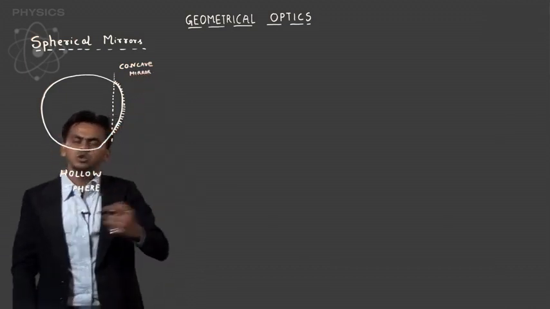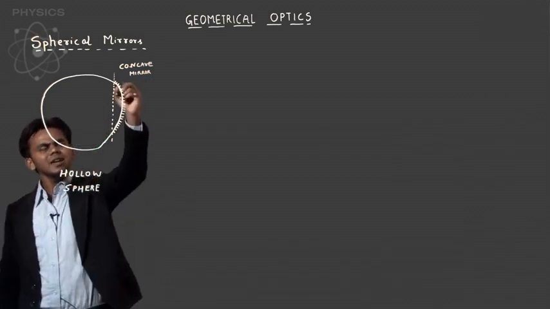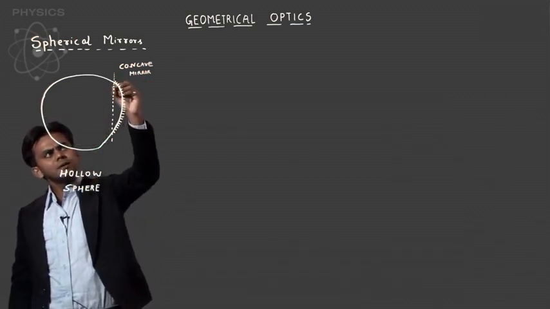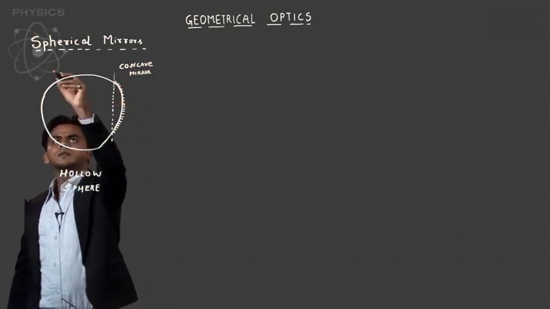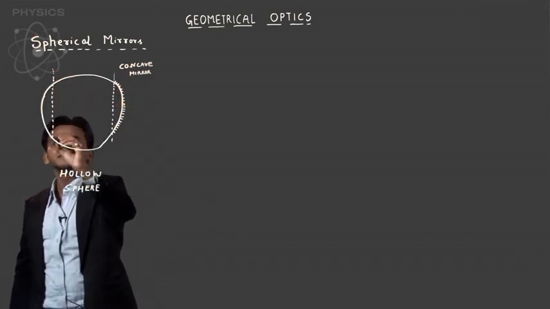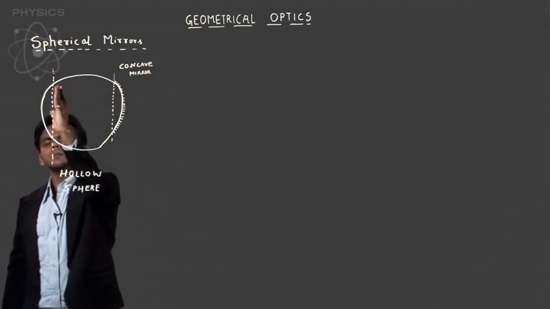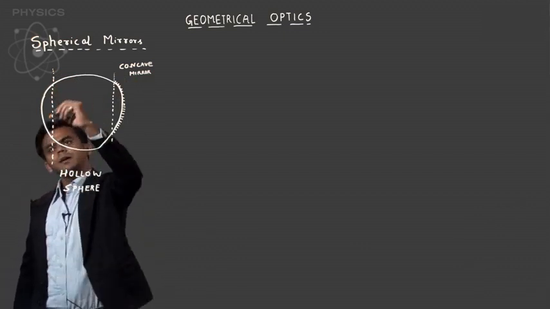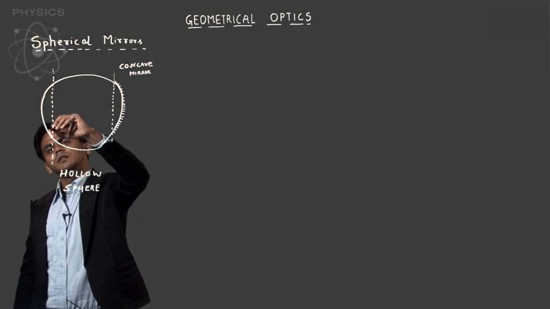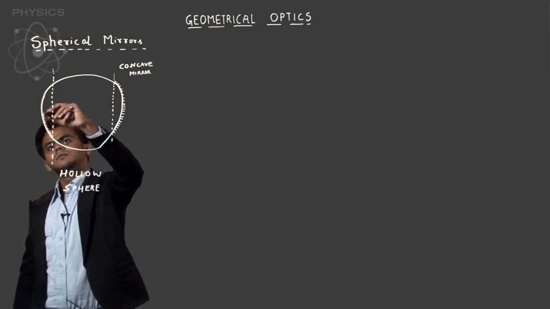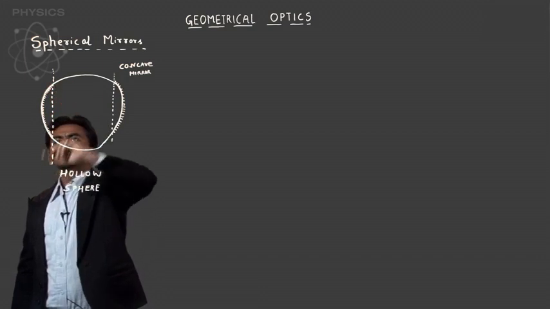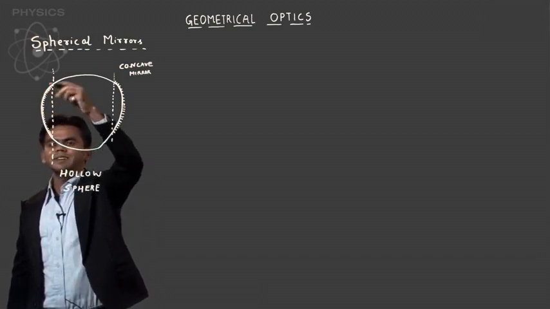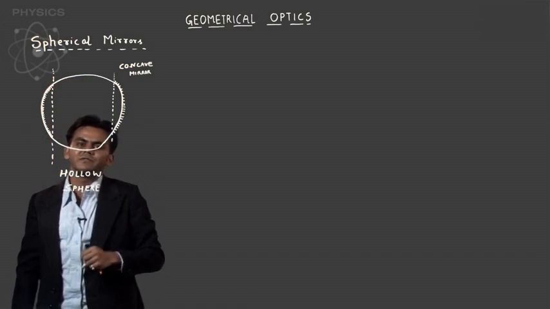I can also do something else. I can also polish, or rather shade, the inside of it. So let's do it on the other side. The same thing. I cut out the part of a sphere and polish, silver, this face or this area. Now this becomes reflecting and the inside becomes of a non-reflecting nature.